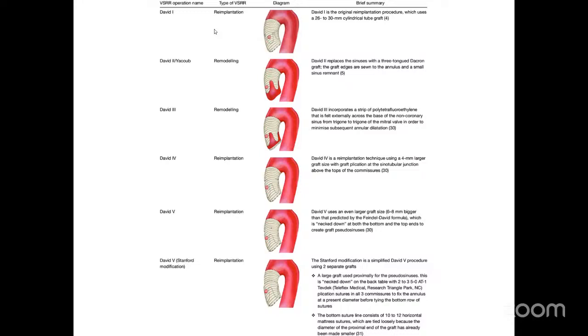But still, with that, I would say attempting repair as a first procedure is indicated. Again, you would look at the leaflets, look at the length of the cusps, the leaflet itself, how far the sinuses are from the annulus, and how much coaptation edge you would develop at the end.